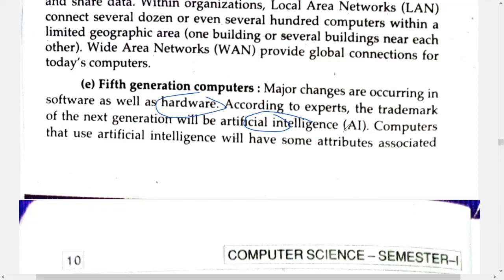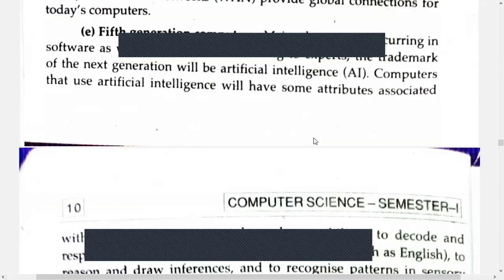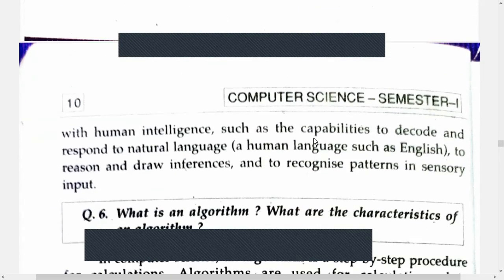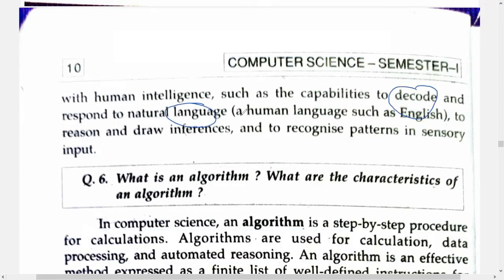We have Siri, Alexa. Facebook has come up and is working on this. These fifth generation computers are artificially intelligent; they have some attributes associated with human intelligence, such as the capability to decode, like coding and decoding, and respond to natural language, like human language, such as English.